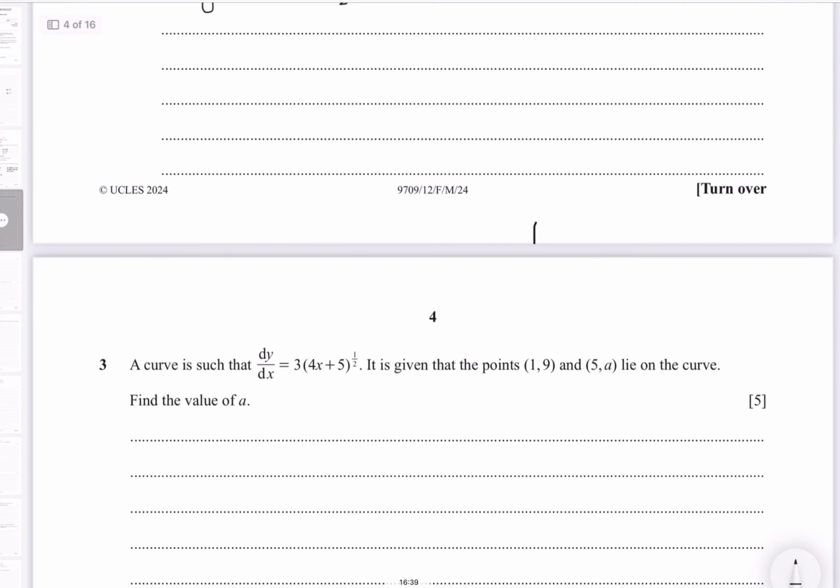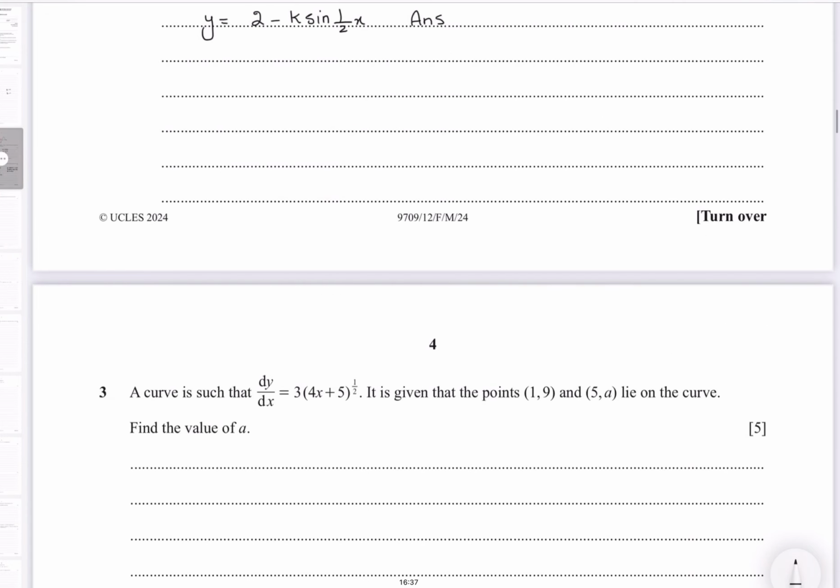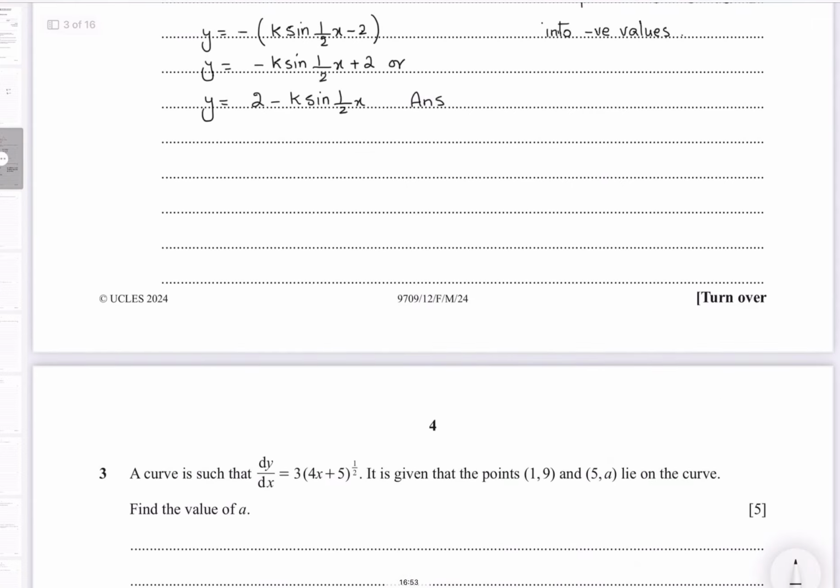This is our new equation. For the coordinates, we had 3 pi, minus k, where the point A on the curve was. The x value will remain the same, only the effect goes on the y-axis.